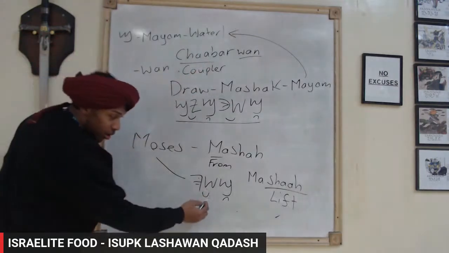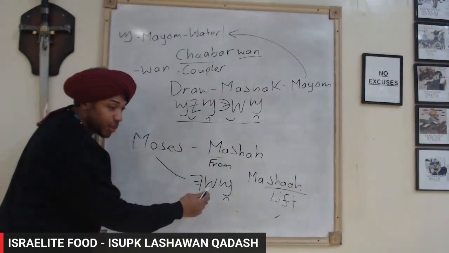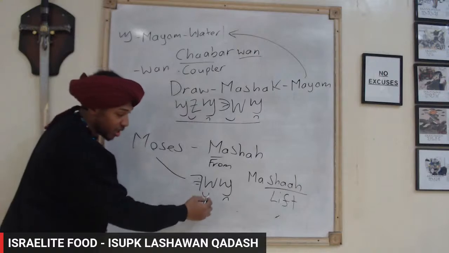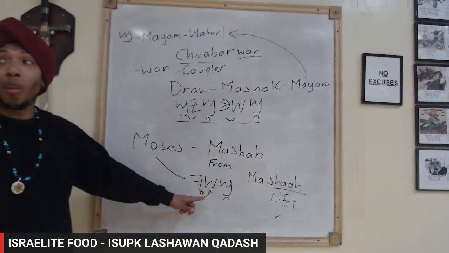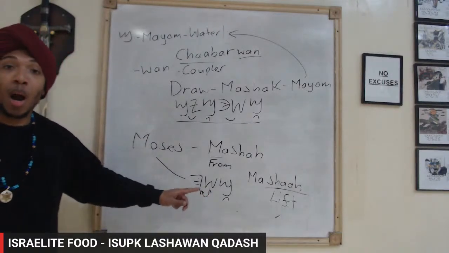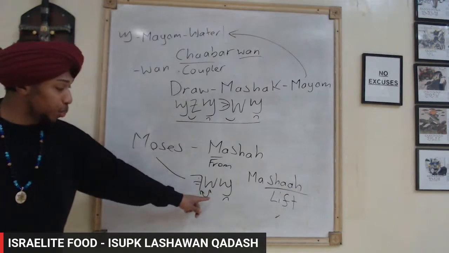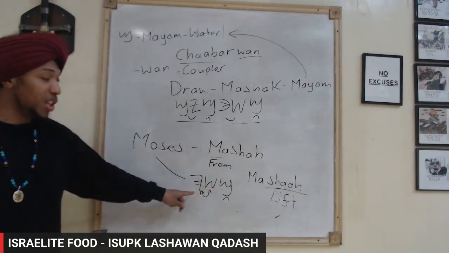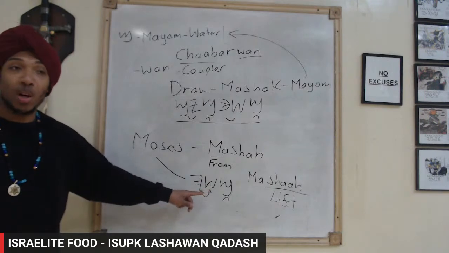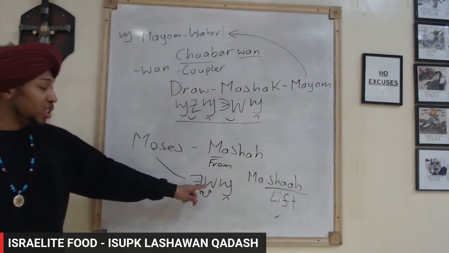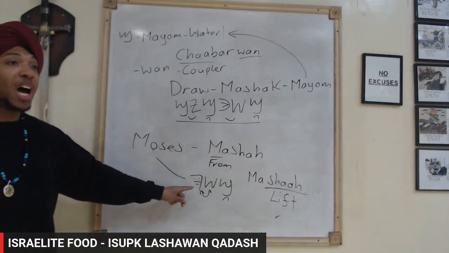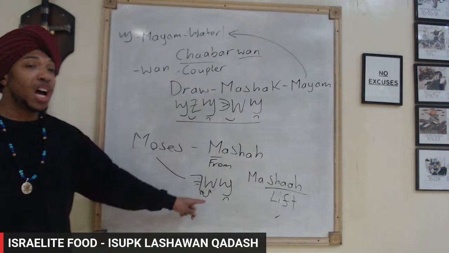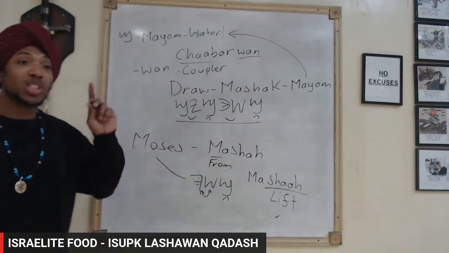So this other connector down here is pointing at two letters. It's pointing at this one and this one. So that's going to be our kabar, our coupler. So this connector connects these two letters together. What does that mean? You say the sound of the sha, but you don't say the sound of the ha. You just say sha, ha, sha.